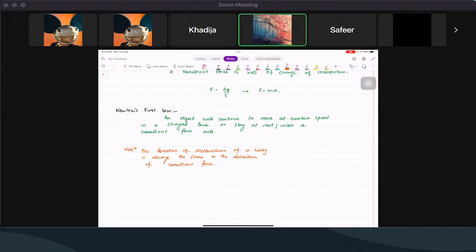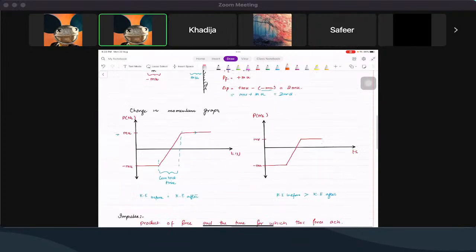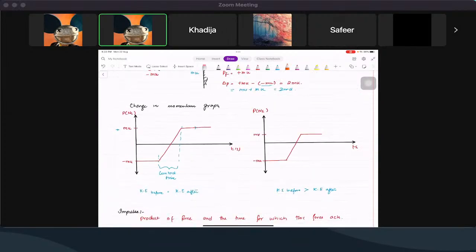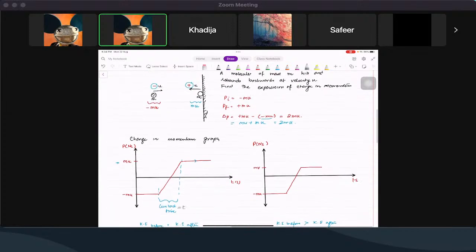Now I want to bring your attention towards the previous graph right here that I intentionally left half done. If this is the contact time t that I talked about, where would the force act on the ball when it was hitting the wall? The force is responsible to change its direction and change the speed.